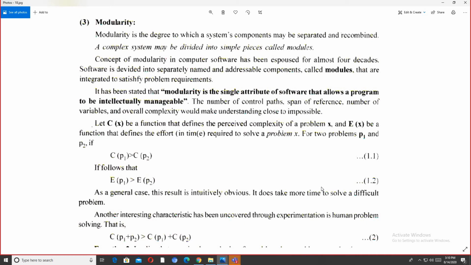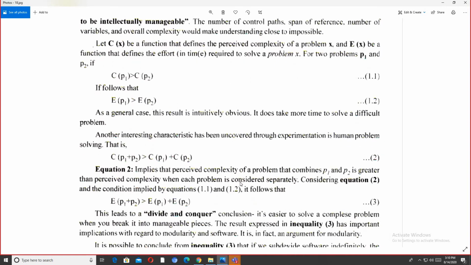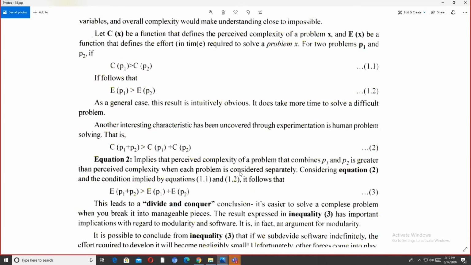To explain further, they have used a mathematical representation. Please look at equation 1.1. It says Cp1 is greater than Cp2. It means let Cx be a function that defines the perceived complexity of problem x, and Ex be a function that defines the effort in time required to solve a problem x, for two problems P1 and P2.